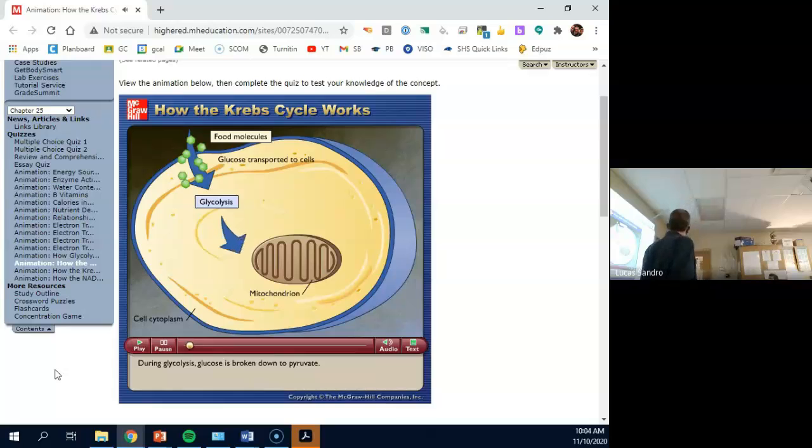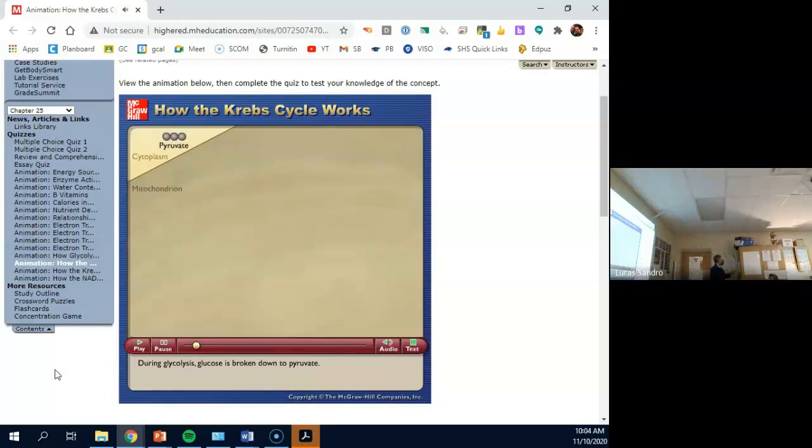During glycolysis, glucose is broken down to pyruvate. A 2-carbon acetyl CoA enters the Krebs cycle, which occurs in the mitochondria. During the conversion of pyruvate to acetyl CoA, carbon dioxide, CO2, is produced and a molecule of NADH is formed.